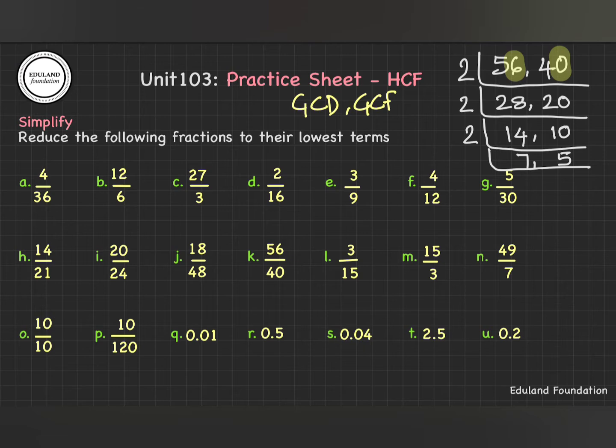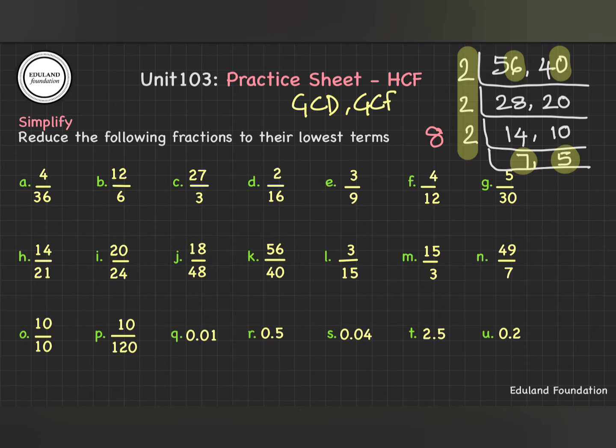So now I take the factors written on this side and multiply them, so I get 8, which is my HCF. That means 8 divides 56 and 40 equally, and their simplest form or lowest term is here: 7 and 5. 8 times 7 is 56, 8 times 5 is 40.